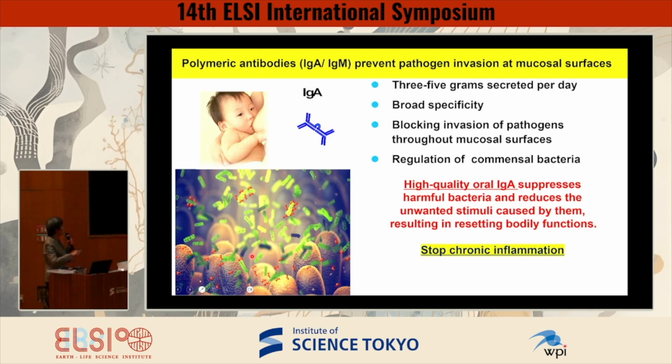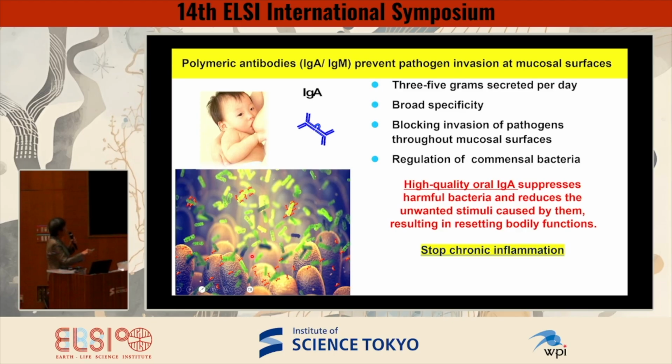For example, in the gut lumen we have plenty of gut bacteria, and under the gut tissue, many B cells are located. They always make new IgA antibodies and secrete them into the gut lumen, where they combat the gut microbiota to regulate the symbiosis.